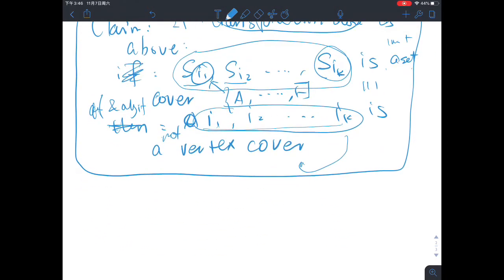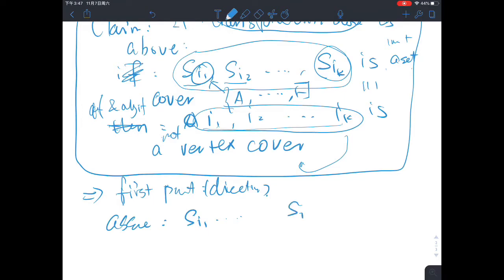Right. So now we want to prove one side. This is the first part of the proof, the first direction. Now assume Si1 up to Sik is a set cover.